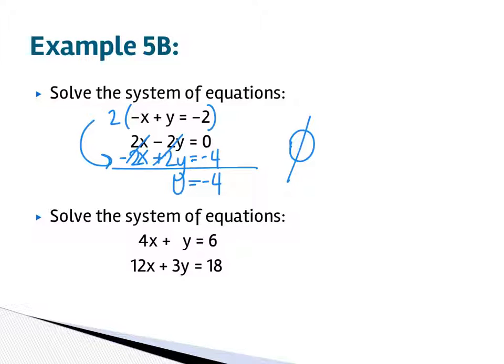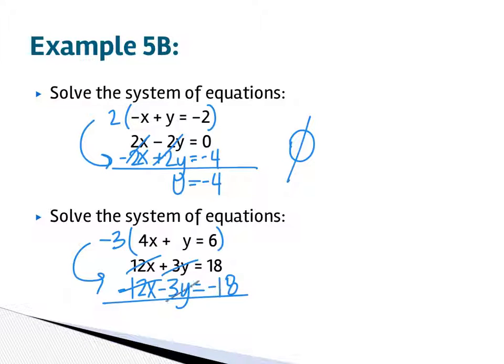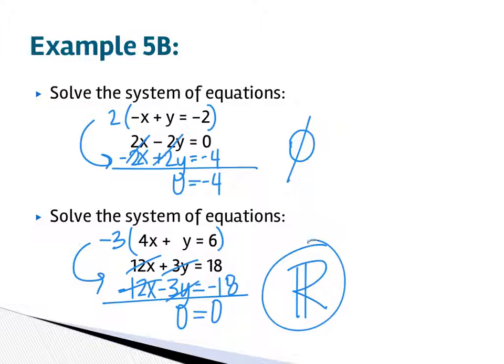Alright, B, I don't have any opposites, but I can multiply the top by 3 and make that 12x, and I have to make it negative 3 to make it negative 12. Then I'm going to write it beneath, so I get negative 12x minus 3y equals negative 18. Those cancel and you get 0 equals 0. That's always true, so I'm going to put all real numbers.